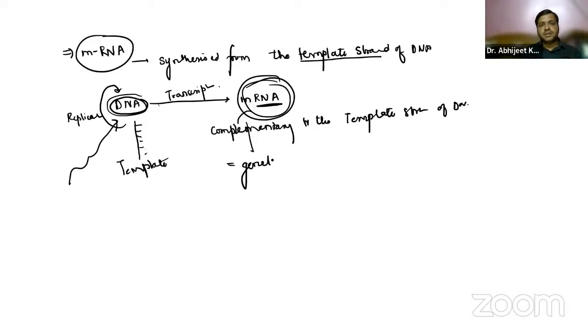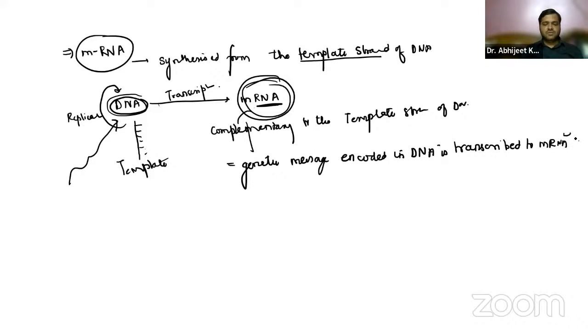The genetic message encoded in DNA is transcribed to mRNA. So mRNA carries the message from the DNA. DNA is present in the nucleus, and mRNA carries the message from the nucleus to the ribosomes present in the cytoplasm for protein synthesis. That is something you have to remember.